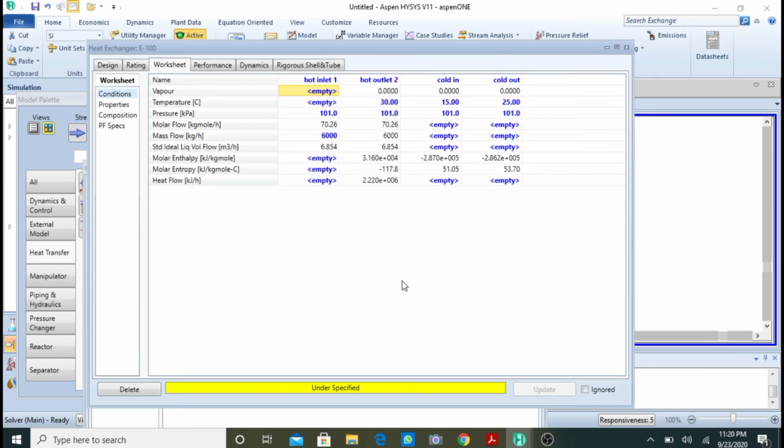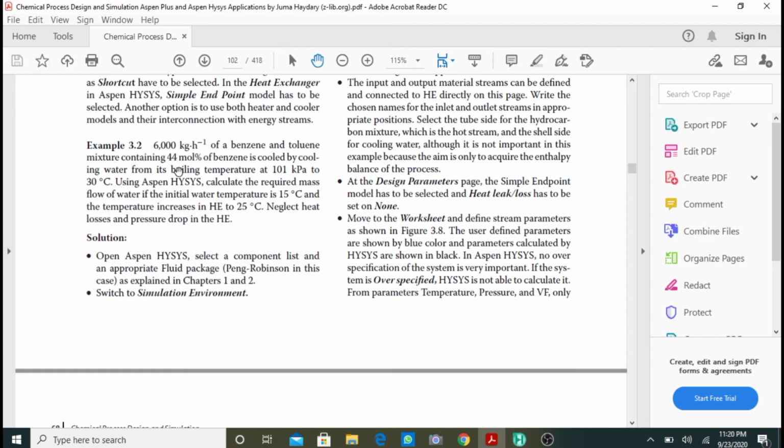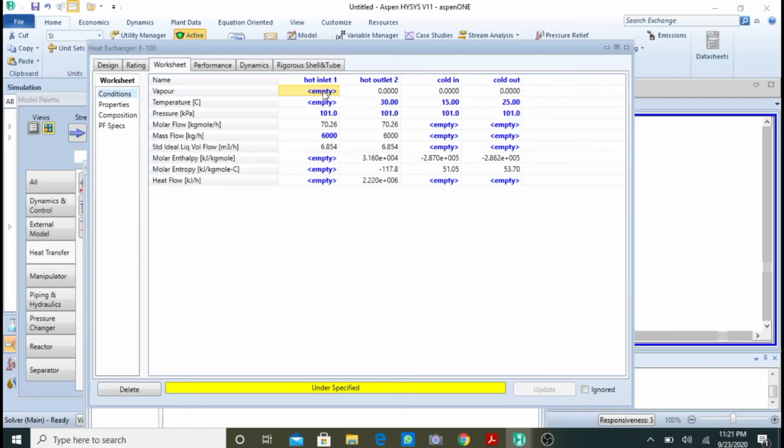You can see that the system says it is underspecified. As we know, in the question it was written that the mixture is at its boiling temperature, which means it must be a saturated liquid, so I will write the vapor fraction as 1.